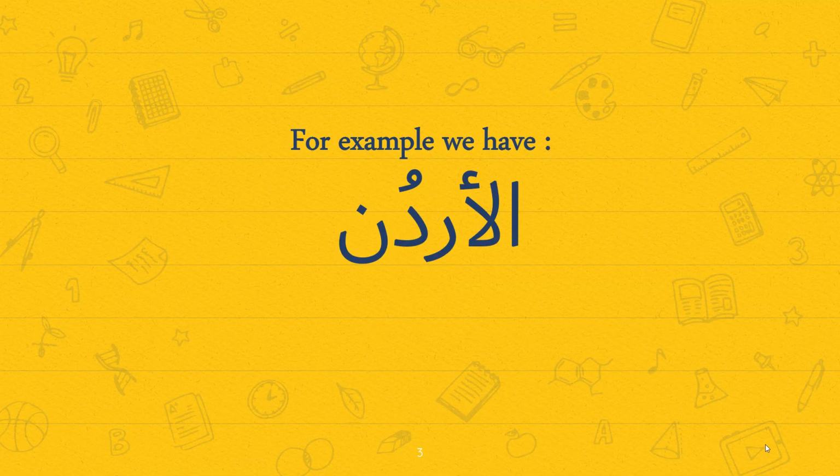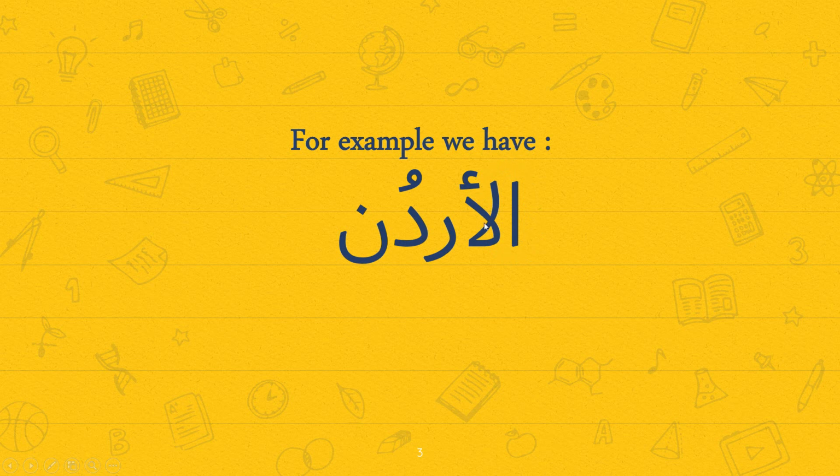For example, we have the country Al-Urdun, which is Jordan. Now, you probably notice that Al-Urdun starts with Al. That's the first thing you need to notice.